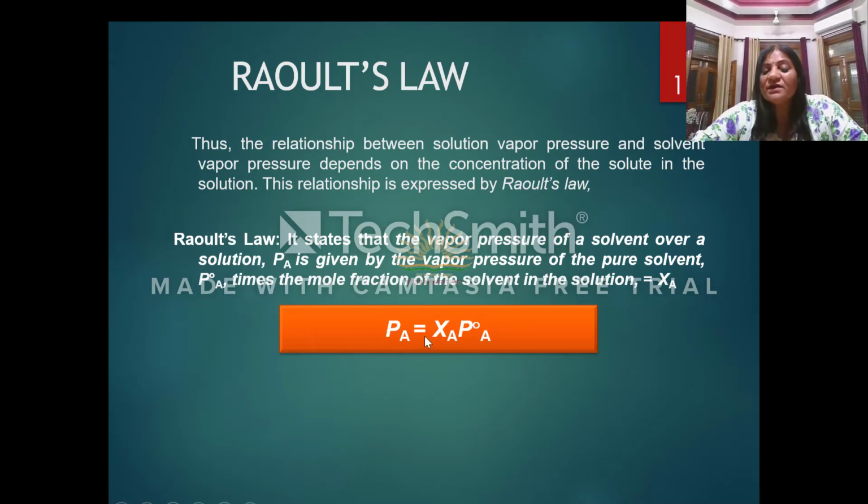So PA is equal to P naught A into XA. Partial vapor pressure is equal to the product of the mole fraction of that component and the vapor pressure of that pure component. PA is equal to XA into P naught A.